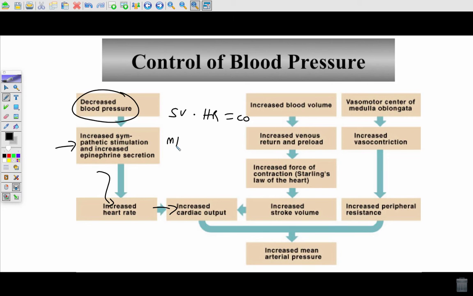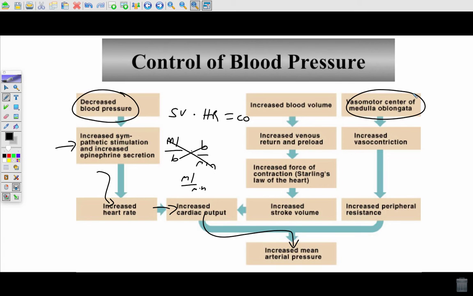Because stroke volume is milliliters per beat, heart rate is beats per minute. So we get rid of beats and we've got milliliters per minute. Okay. So we increase cardiac output, which means we're putting more blood into the system, and that will cause blood pressure to increase. The other one I want to look at is this vasomotor center.